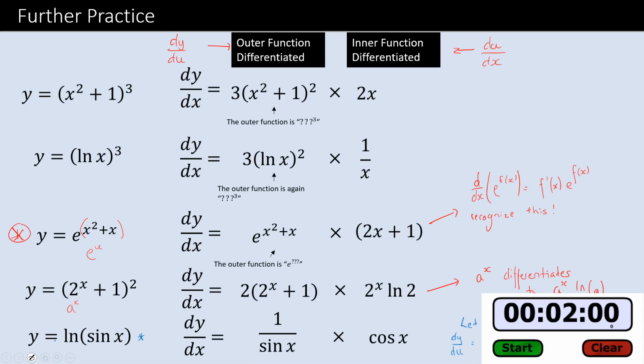So that means that dy by dx will equal 1 over u, which is 1 over sine x, times cos x. Now, in future units, you'll have a way of simplifying that, but at the moment, we don't, so don't worry about it.